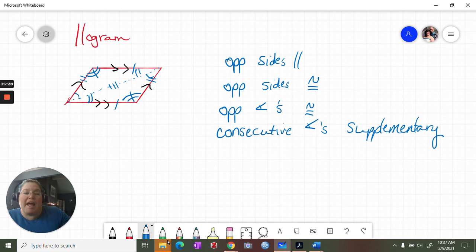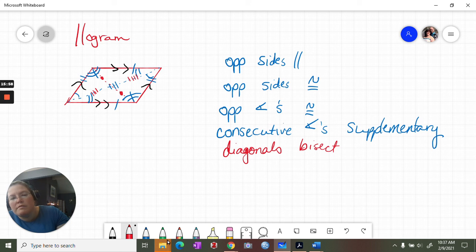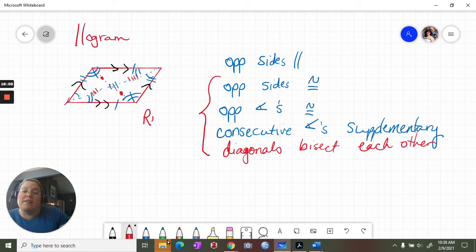And my diagonals, if I draw in the other diagonal here, they bisect each other. They cut each other in half here. And all of these are a result of congruent triangles.